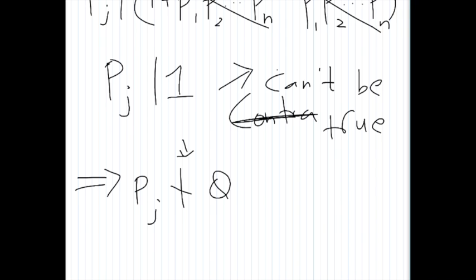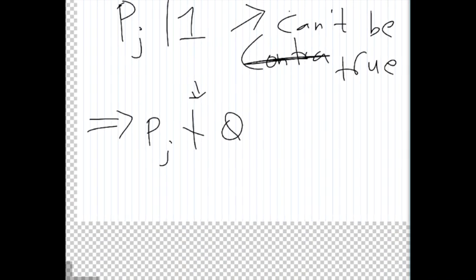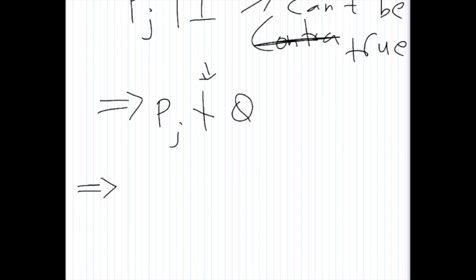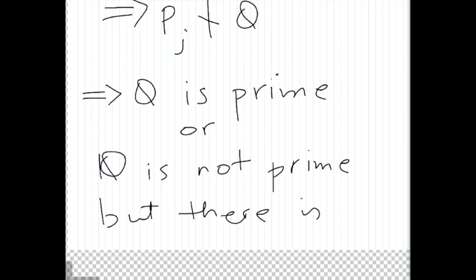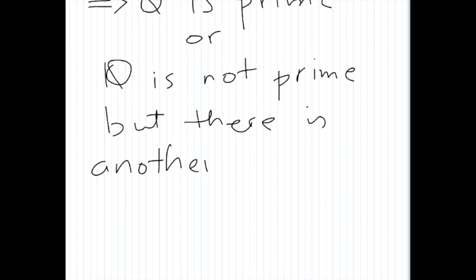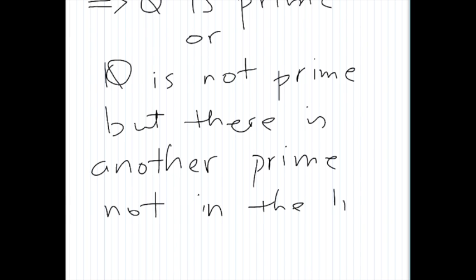If pj does not divide q, what does it mean? This means one of two things: either q is prime, or q is not prime but there is another prime not in the list that divides q.